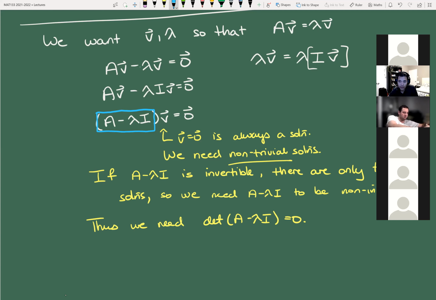The benefit of using the determinant is it just turns it into a polynomial, okay? So the determinant of A minus lambda I is always a polynomial. And we're really good at finding the roots of polynomials, right? We know exactly how to do that. So that's why we get this equation that we need to solve for lambda. And so this thing right here is called the characteristic polynomial, which we often write as P of lambda. Okay, does that make sense?